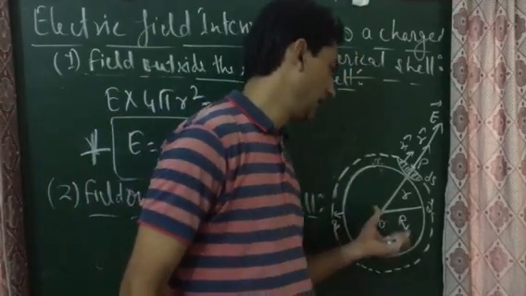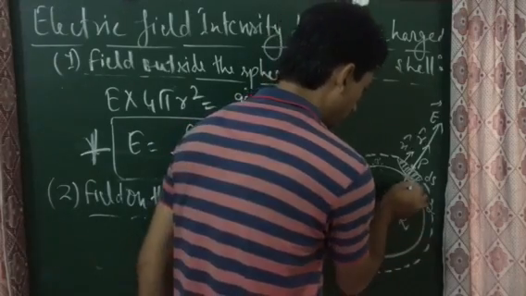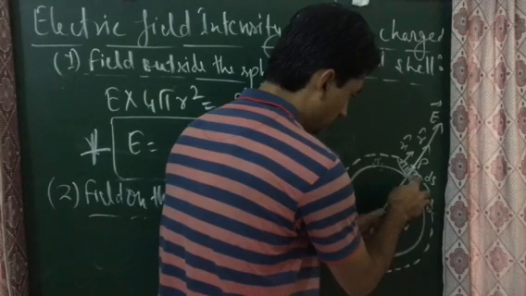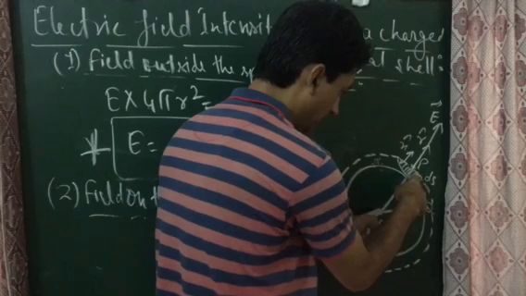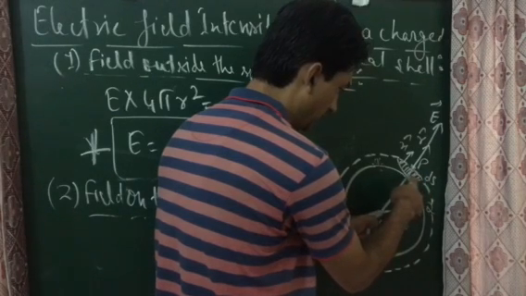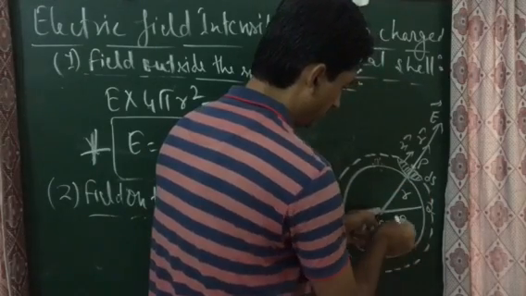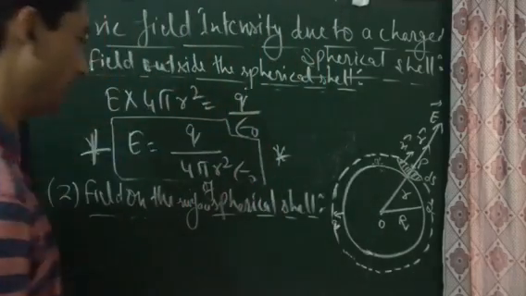So आप देख रहे हैं कि अगर हम field को यहाँ पे find करते हैं इस point पे, then small r क्या हो जाएगा? This point P will be situated at this point.